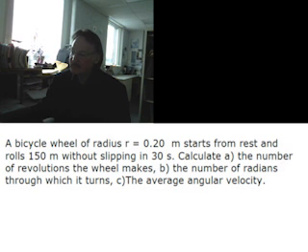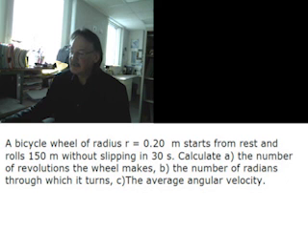Final omega. Well, what we know from the fact that it starts at rest is that omega 0 is 0, and omega average is 25. So starting from 0 with an average of 25, that would mean your final omega would have to be 50, wouldn't it? 50 radians per second.